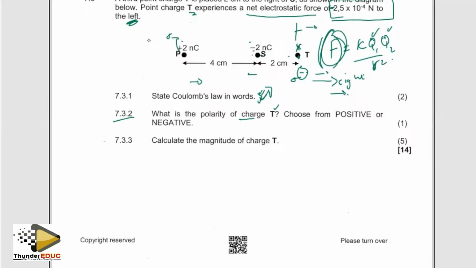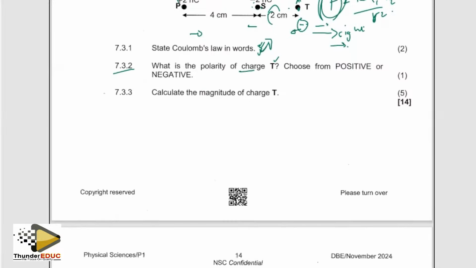But then this negative and a positive will cause some bit of attraction so that the overall net force, remember, the smaller the distance at the bottom, the bigger the force. So the force between S and T must be greater than the force between P and T. All right, so we're going with positive.